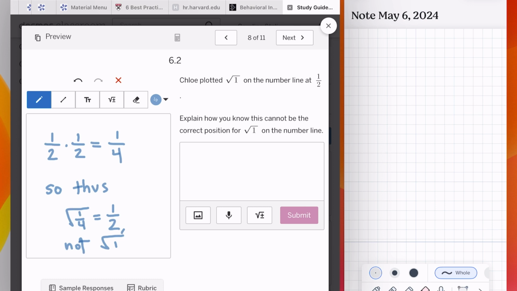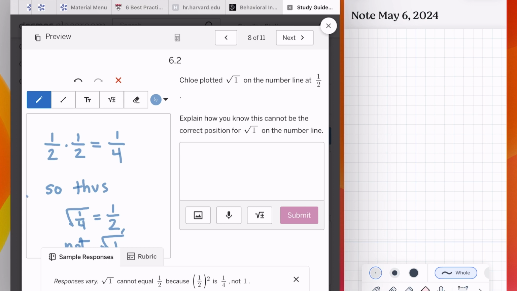Let's see, how do they explain it? Yep, so the square root of 1 cannot equal 1/2 because 1/2 squared is 1/4, not 1. There's other versions that you could give, but that's the idea.